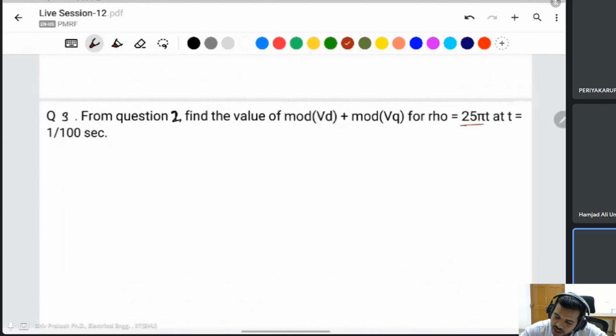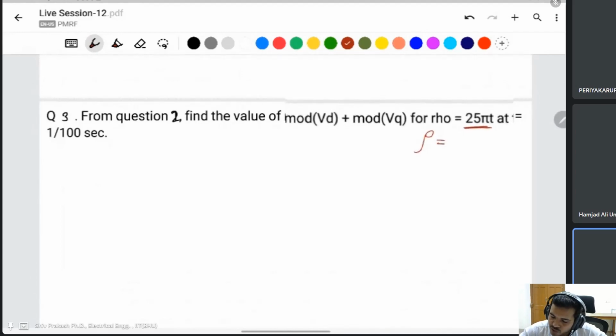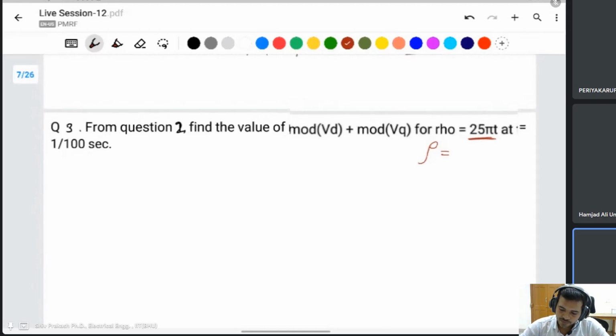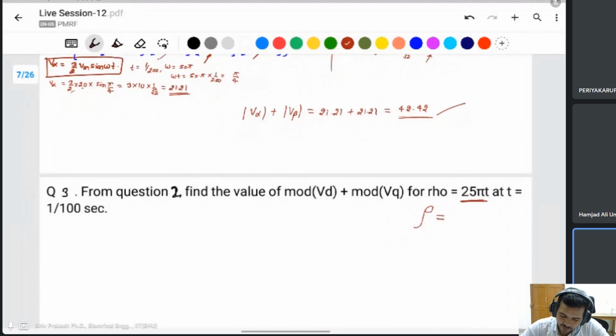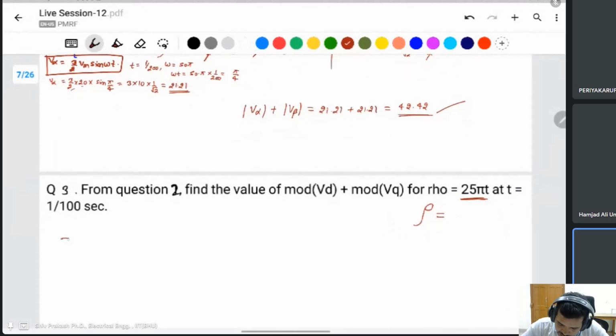Rho is given as 2 pi 25 pi t, where t is 1 by 100. I have written directly the V alpha and V beta values: 3 by 2 Vm sin omega t, calculated in the previous question, and V beta is minus 3 by 2 Vm cos omega t.